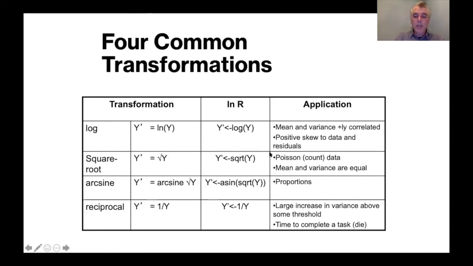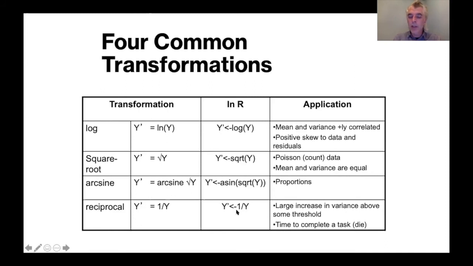Now, in other situations where we have count data, a square root transformation might be more appropriate. When we have proportions, they're typically not normally distributed when the mean is far away from 0.5 and gets close to a proportion of 0 or 1. And in this case, an arcsine square root transformation seems to work well to normalize the data.